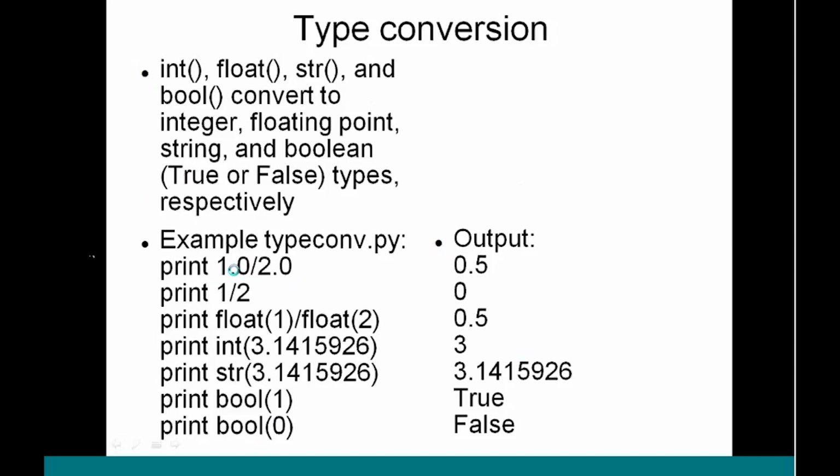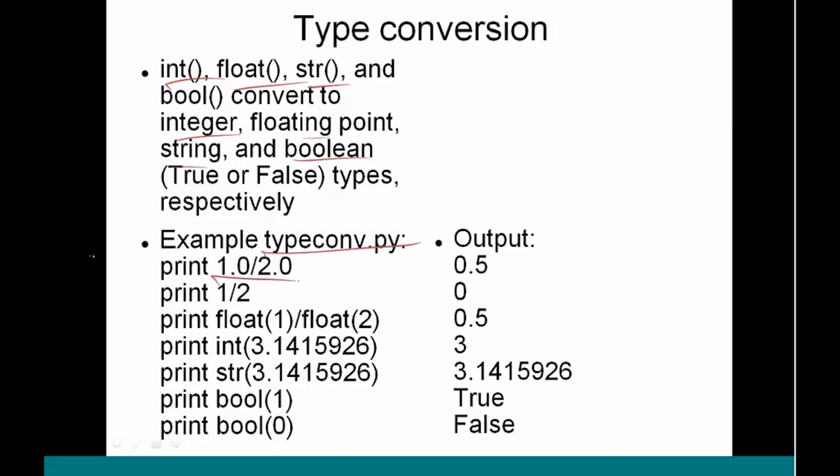So now let's look at some of the type conversions. Essentially, any int, float, string, boolean can be converted to integer, floating point, string or boolean. The boolean will have just true or false respectively. So here is a type conversion routine.